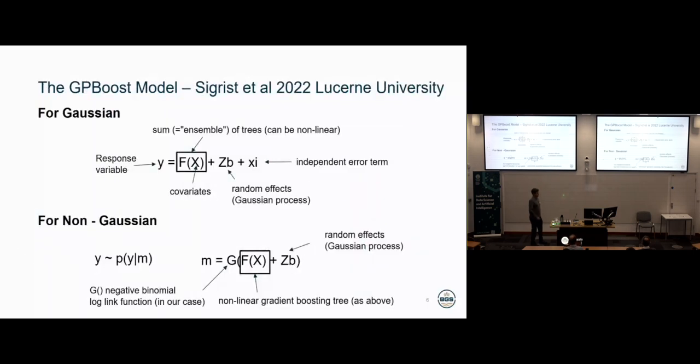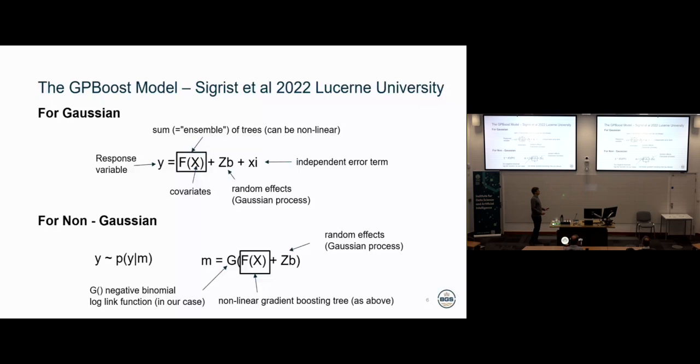So a little bit more about the GP boost model. You can find an awful lot more information if you search Sigrist et al. 2022 and then GP boost. So what it does is it replaces the previous linear term in a Gaussian process model with an ensemble of trees, in our case a gradient boosting tree, providing nonlinearity, then a random effects term from a Gaussian process, an independent error term, and if you're using a non-Gaussian likelihood, a log link function, and for our case we used a negative binomial, which I'll come to later.